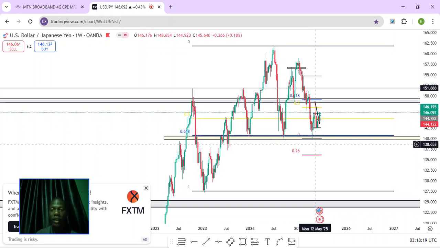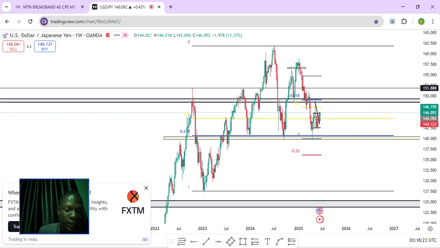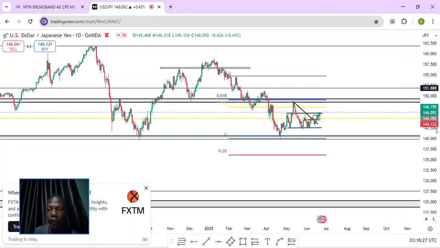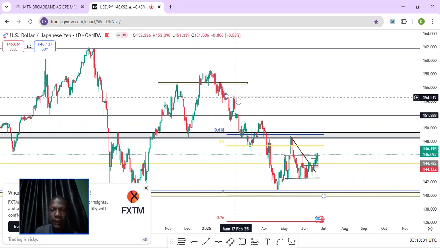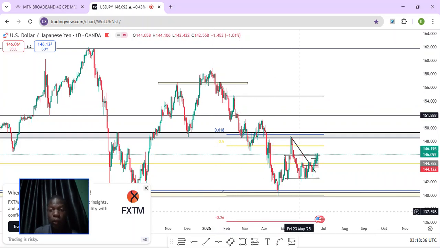So when the market was around there, the market came to this. I don't know if you guys can see, I'm just going to go all the way to the daily time frame. I don't know if you guys can see this level here. This is also an impulsive move to the downside. Like I said earlier, whenever there is an impulsive move, there will be a retractive move too.